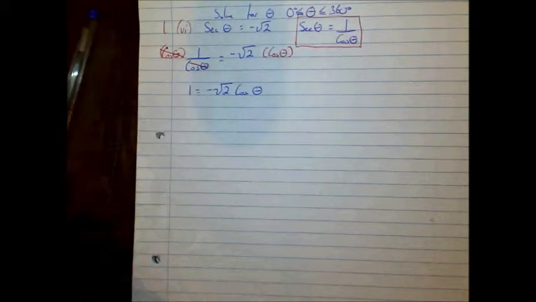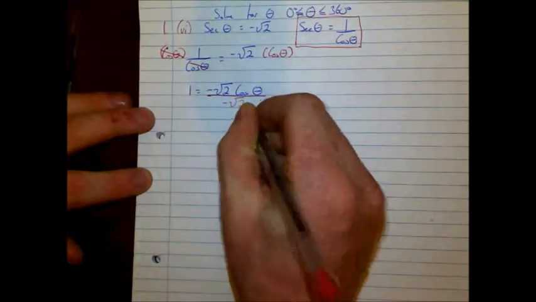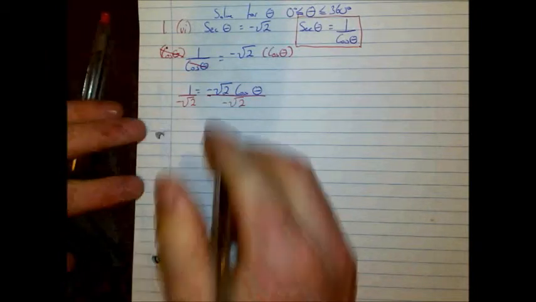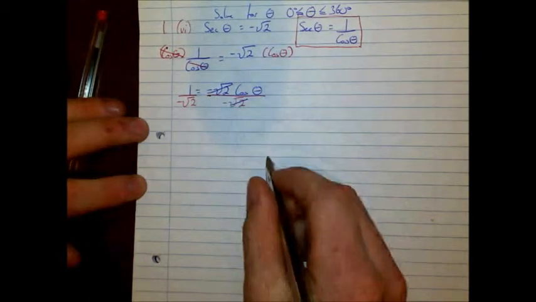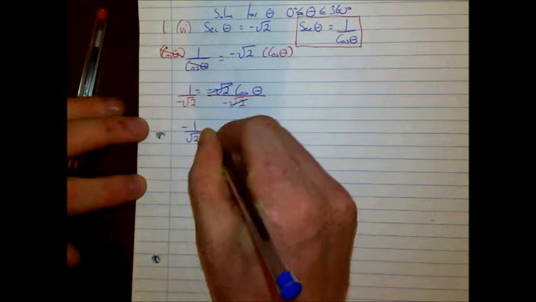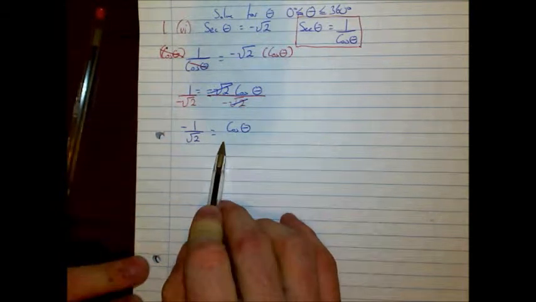I want to get cos theta on its own, so I divide by minus root 2, divide this side by minus root 2. What has happened here? They have cancelled. So what I'm actually left with is minus 1 over root 2 is equal to cos theta. Now it's in a form that I can work out.